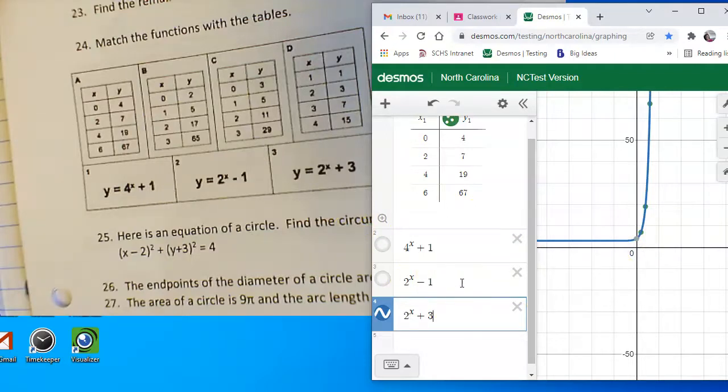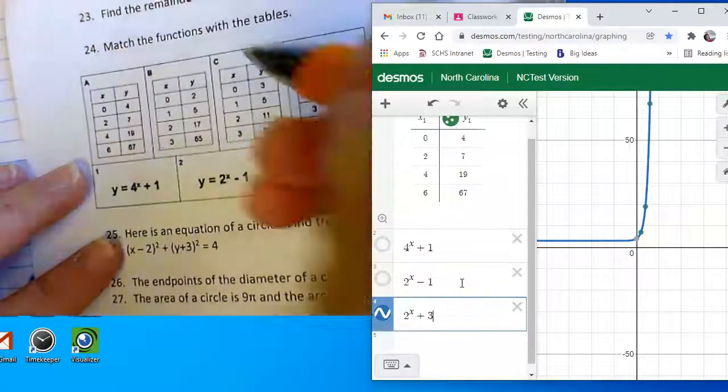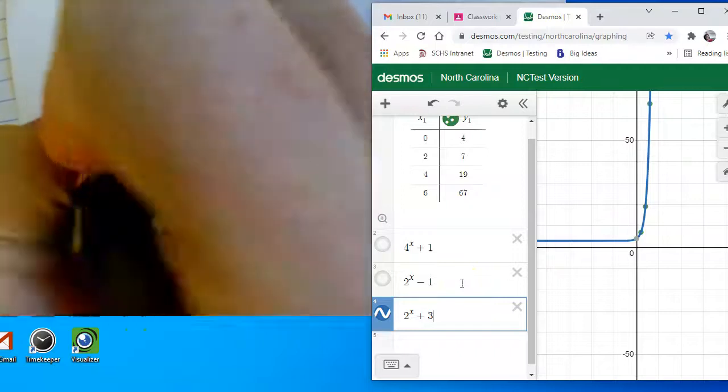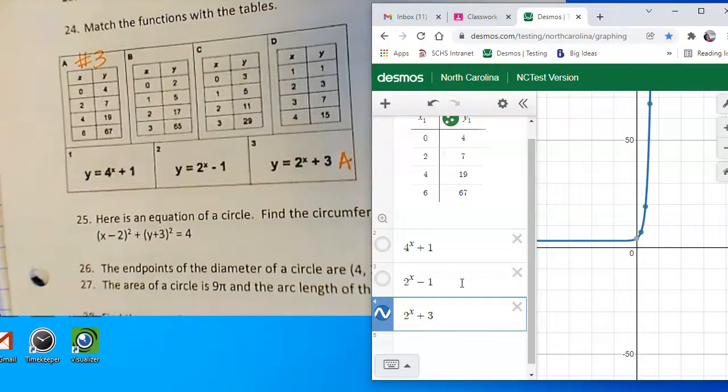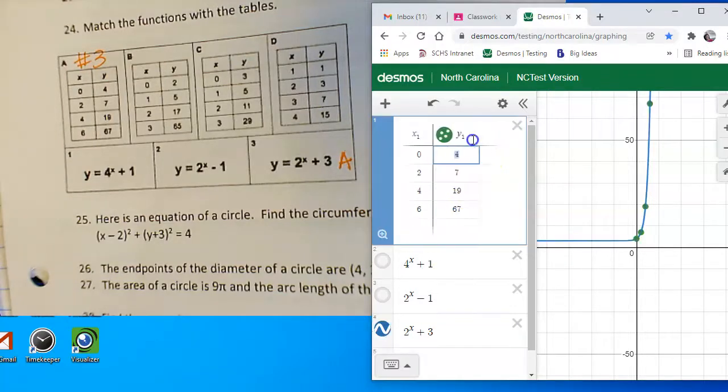So that first one must be number 3, or A there, however you want to write it. Does that make sense? There's another way to do it, but that's like the easier way, just because you could just look at the table and the graph.